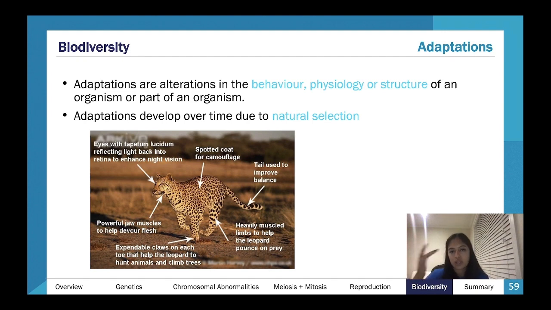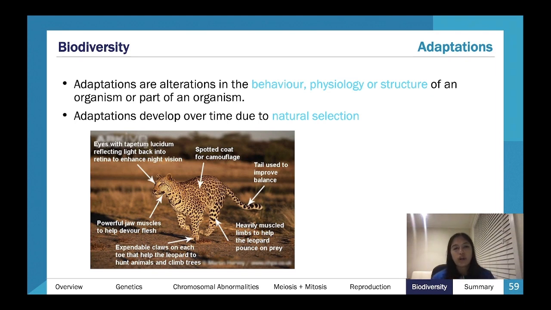That's the common question that you might come across. You should know the different categories as well, if it's a behavioral adaptation, a physiological adaptation, or a structural adaptation, and how it benefits the organism and how it allows them to survive.